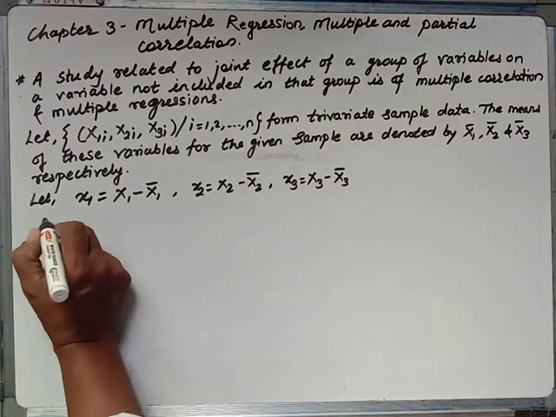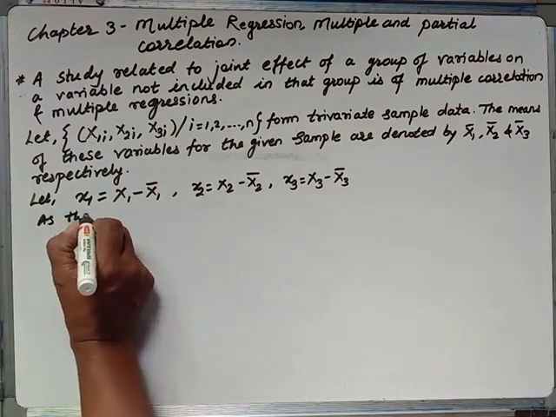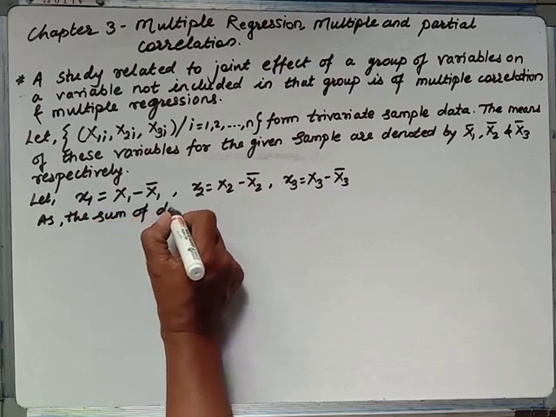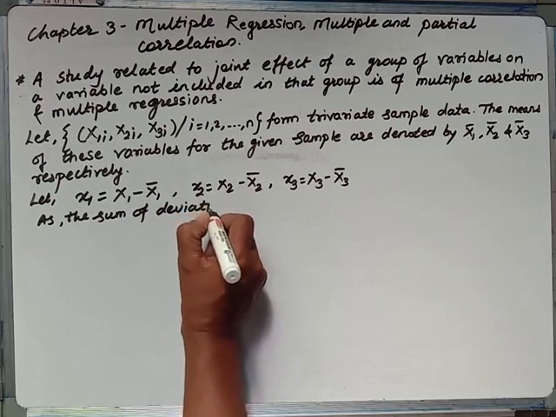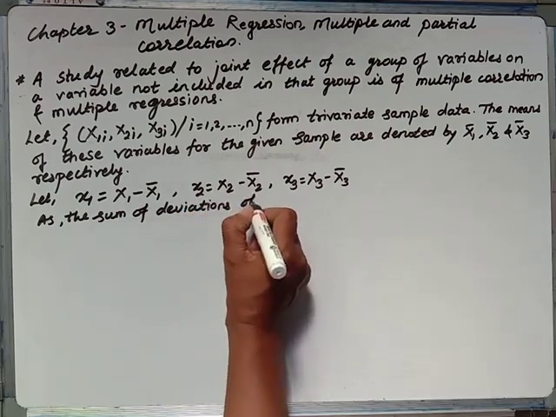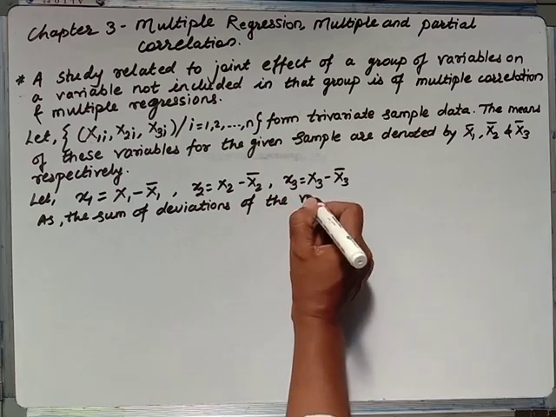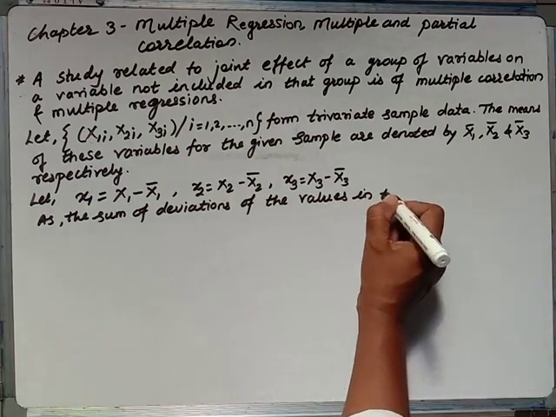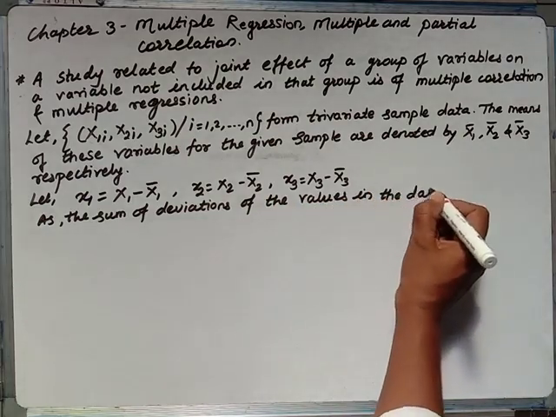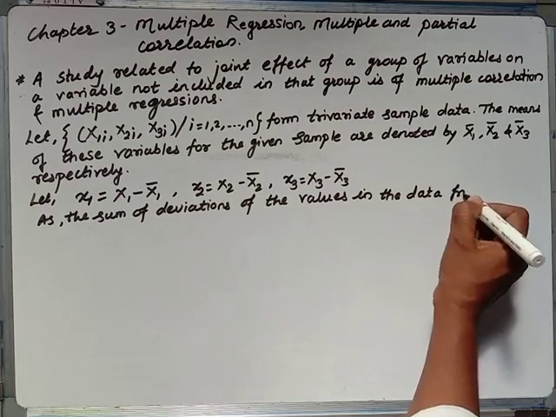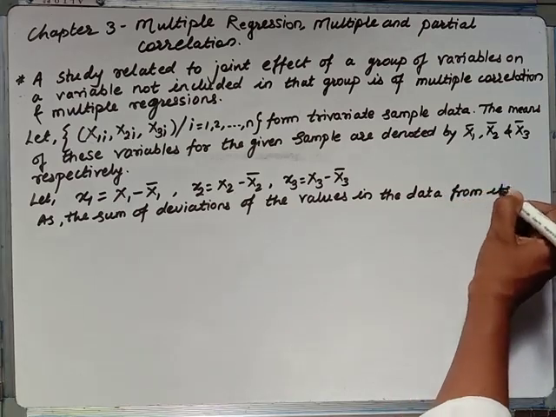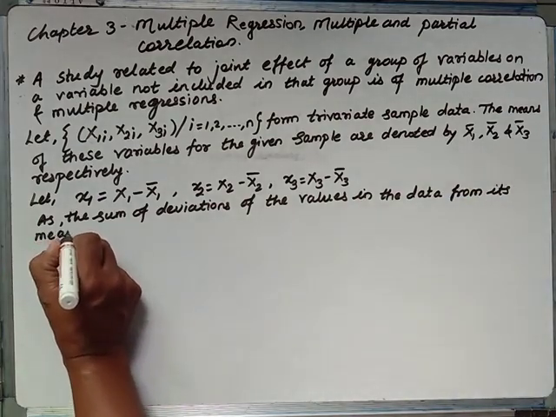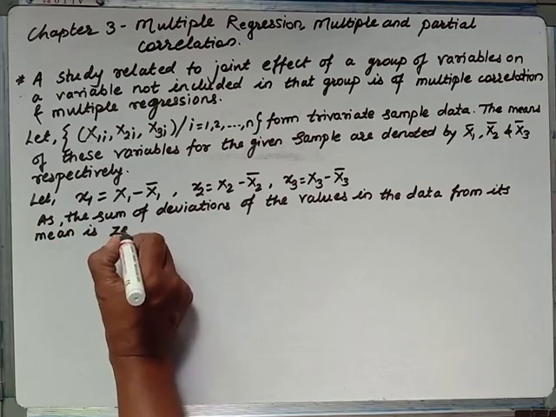Now, the sum of deviations of the values in the data from its mean is 0.